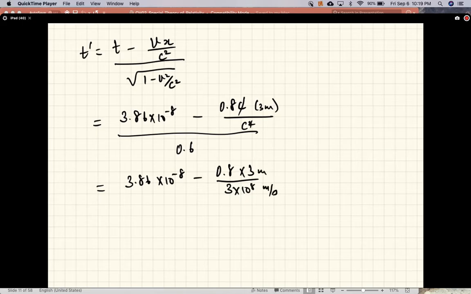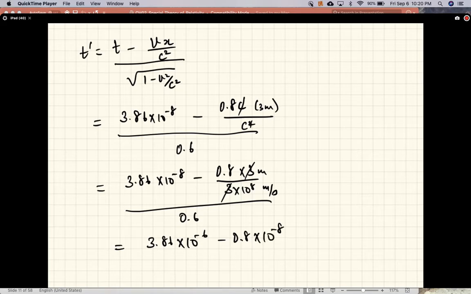The 3 cancels, divided by 0.6. Okay, I'll do it in 2 steps. Minus 0.8 times 10 to the minus 8, divided by 0.6 seconds.